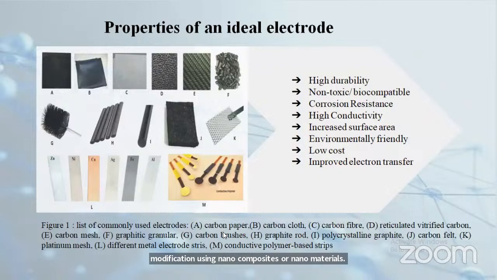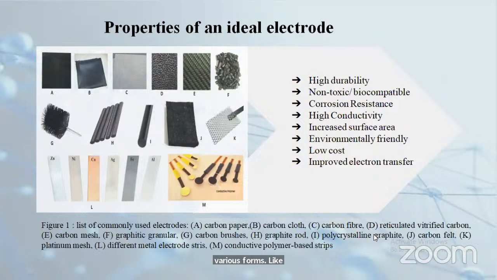So currently there are different materials which are used as electrodes, both anode and cathode, in a microbial fuel cell, like carbon paper, carbon cloth, various forms of carbon, carbon fiber, reticulated vitrified carbon, carbon mesh, then graphite in various forms, like rod, carbon brush, crystalline or polycrystalline graphite.